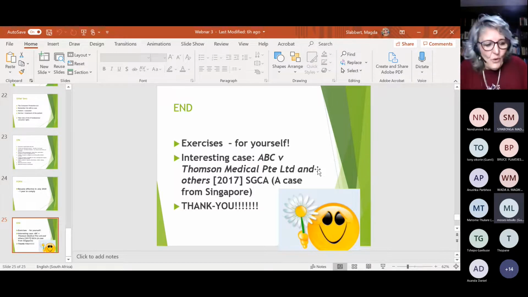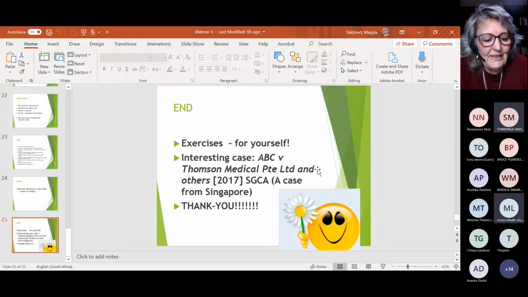Because sometimes the law does not have an answer. So everything is fine, but the law doesn't have an answer. And what do you do? In this specific case, it was a Singaporean lady. She was married to a Caucasian German man.